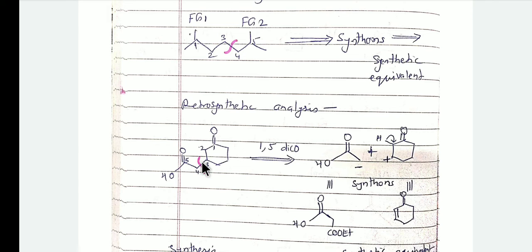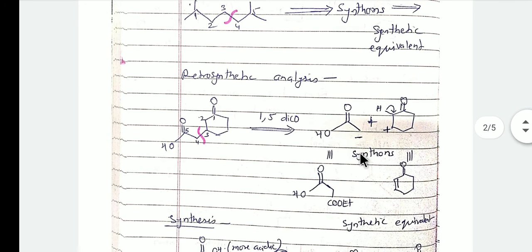After disconnection between the C3 carbon and C4 carbon atom, we get two synthons here. One is the negative synthon and another one is the positive synthon, and for the generation of this synthon the hydrogen is removed as a proton and gives the electron to this carbon atom. So this negatively charged carbon and this positively charged carbon atom form a covalent bond.